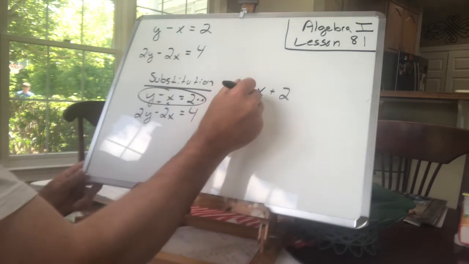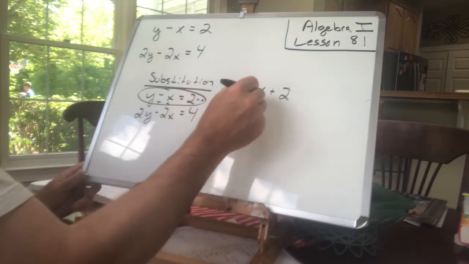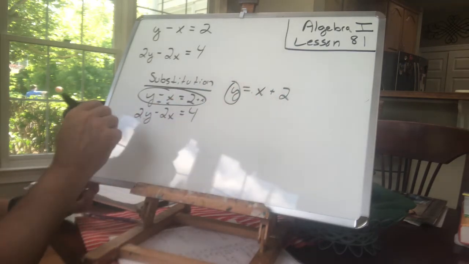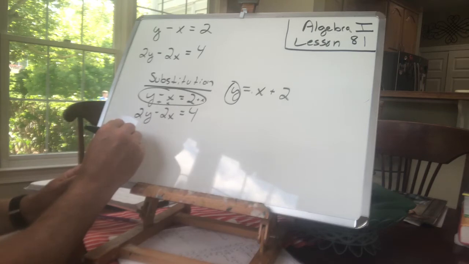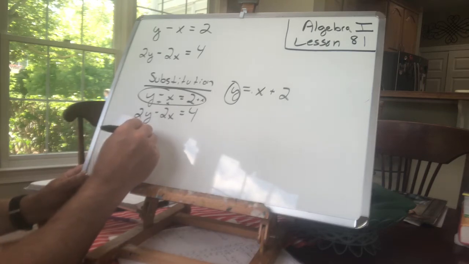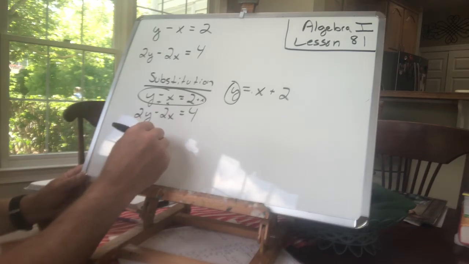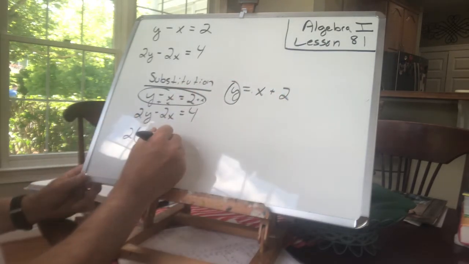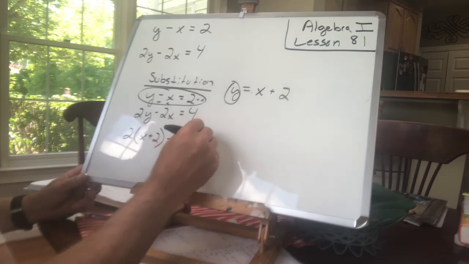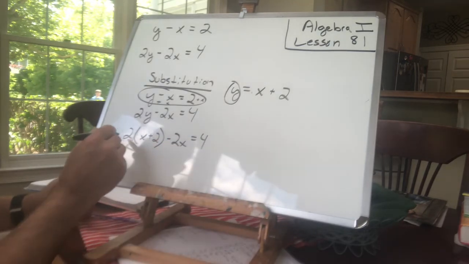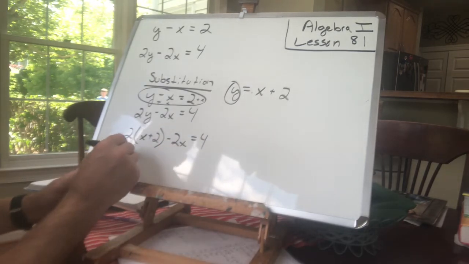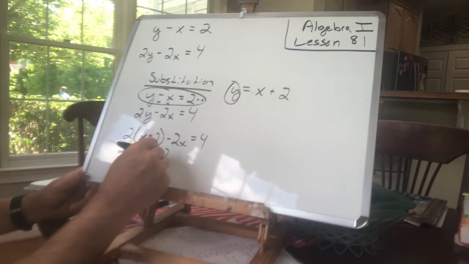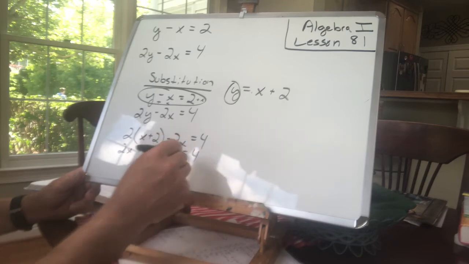Now I'm going to substitute what y equals, x plus 2, into where y is in this equation right here. So it's going to be 2 times x plus 2, right? Because y equals x plus 2, and I'm substituting it right there, minus 2x equals 4. Do the distributive property, it's going to be 2x plus 4 minus 2x equals 4.